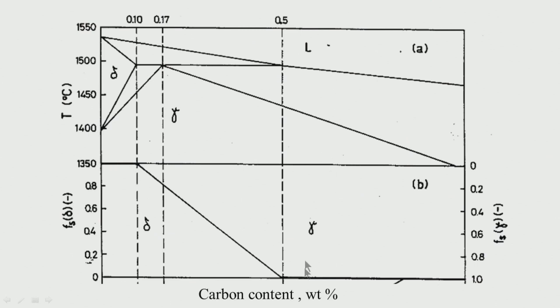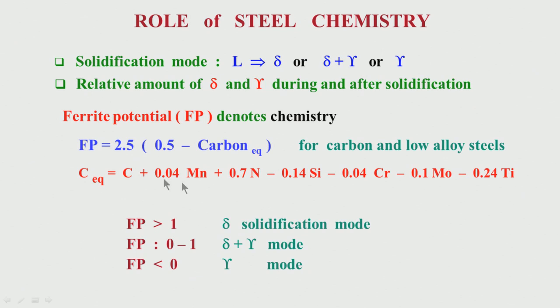When solidification is taking place for any carbon which is more than 0.5, it is 100% gamma. In between, from the lever rule we can find out the relative portions of delta and gamma. As you are increasing carbon from 0.1 to 0.5, it is increasing from 0 to 100%. So, this relative portion has been basically shown in this figure.